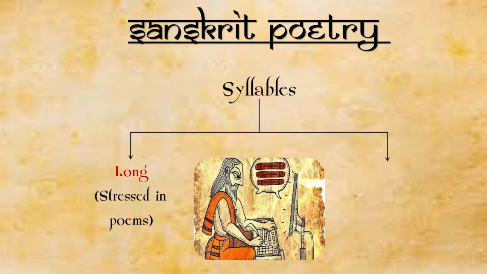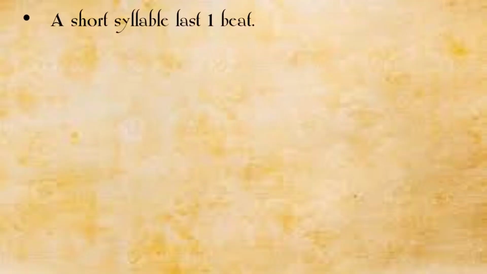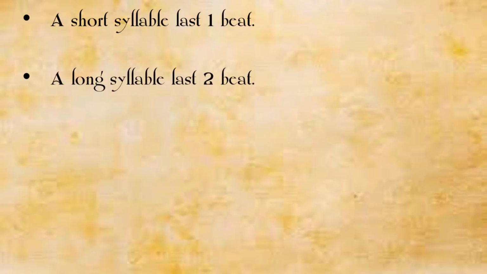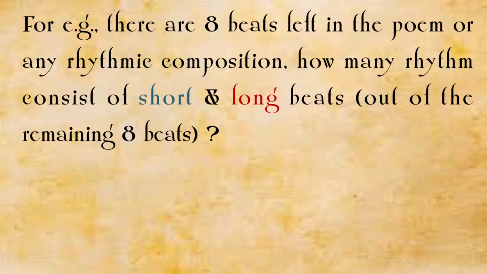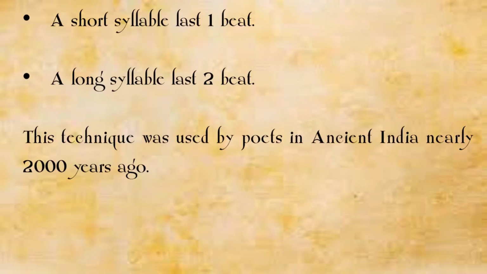There are two types of syllables: the long syllables, which can be called the stressed in poems, and the short syllables, which are called the unstressed in poems. A short syllable lasts one beat, whereas a long syllable lasts two beats. This technique was used by poets in ancient India nearly 2000 years ago to compose poems, rhythms, tunes, and anything.